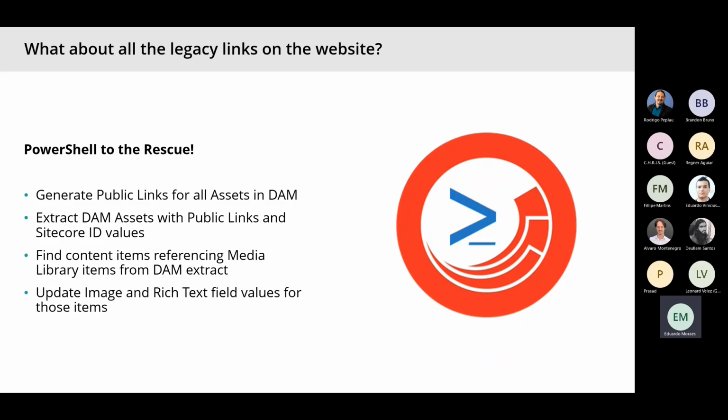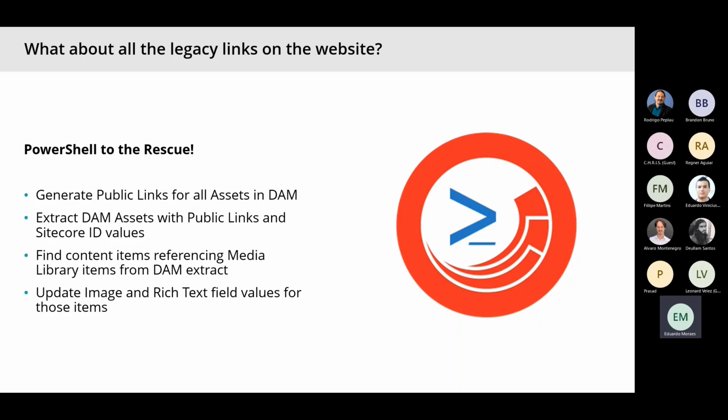So just to step back a little bit, when I'm talking about getting that Excel file in place, we're talking about, especially for the Sitecore Media Library, generating a list of all the assets we have in the media library. The public links for all those assets will need to be there.